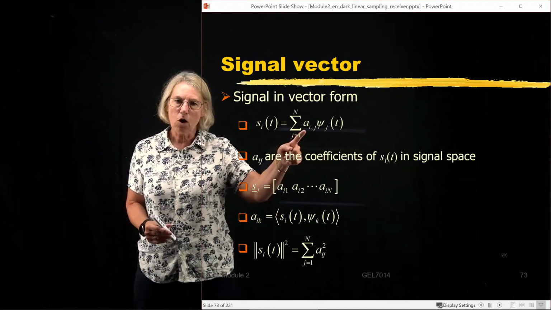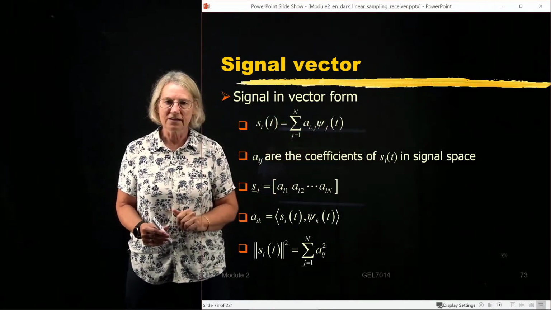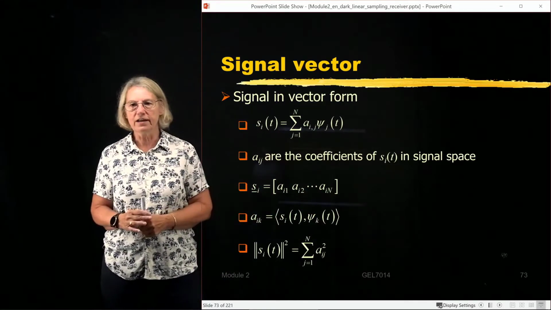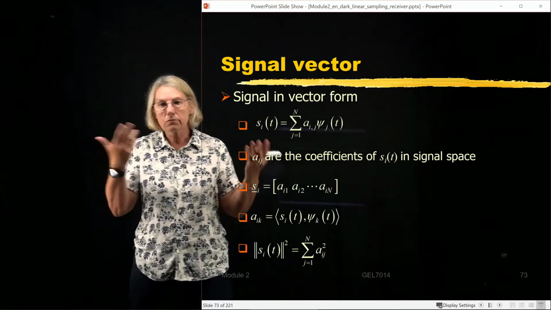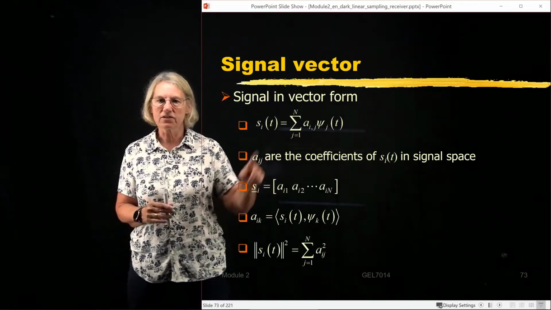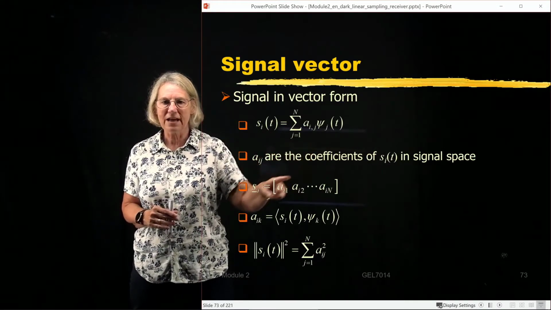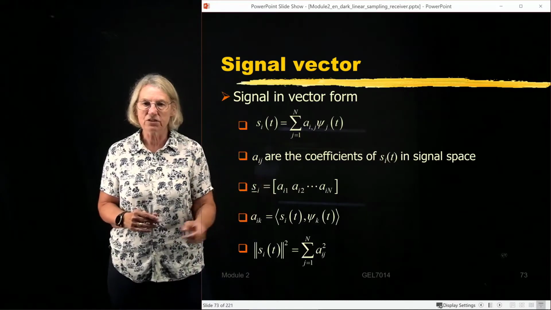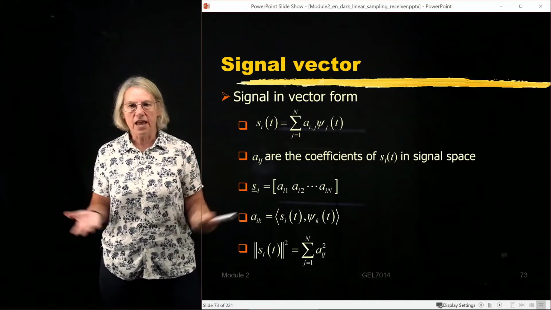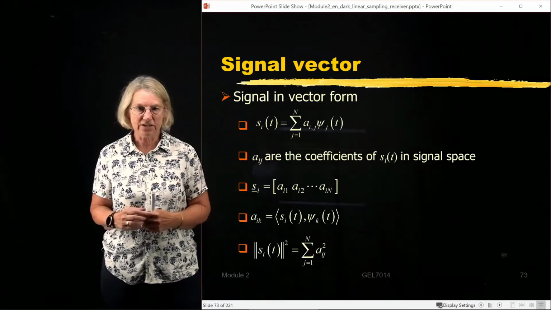So I take all of these weights used to create the symbol, and I use them in a vector, in a sequence that represents the vector form of that time-varying signal. So here's a function of time, a linear combination of other vectors which are functions of time, but here's the signal space representation, which is just a vector, a collection of numbers. It's these weights. So this is a vector that we can manipulate in all the other ways we've learned how to manipulate vectors in a vector space.